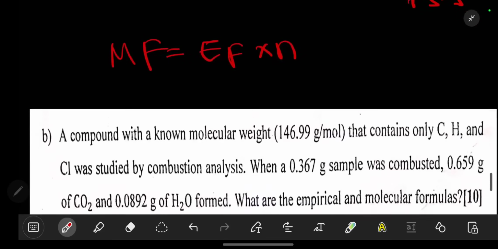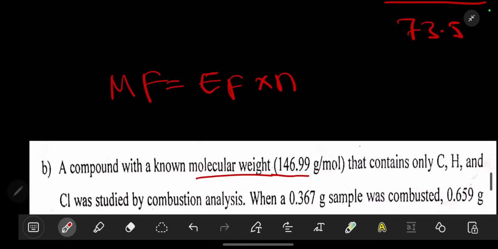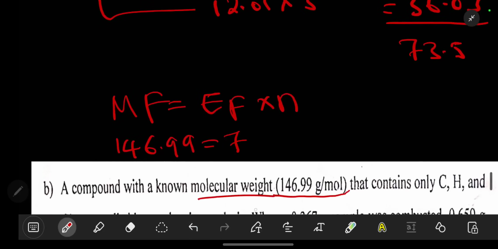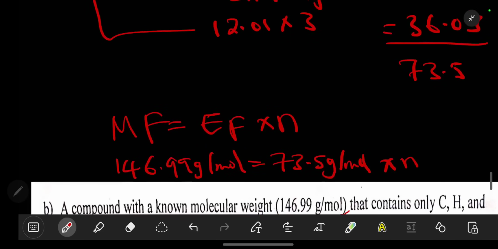So we can put in the values. The molecular weight is 146.99. That is equal to the empirical formula mass, which we found to be 73.5 grams per mole, multiplied by the N value.